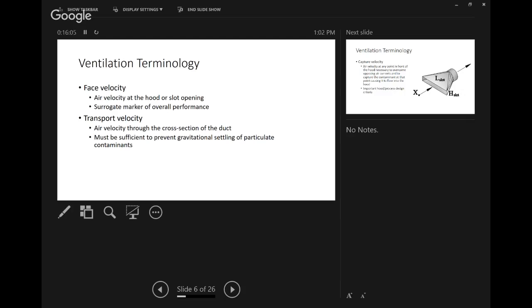Ideally, if your elbow height is right here, then this sash should probably be down, more like that. But whatever is open, that is the face. So when we talk about face velocity, we're talking about the velocity of the air at this point.